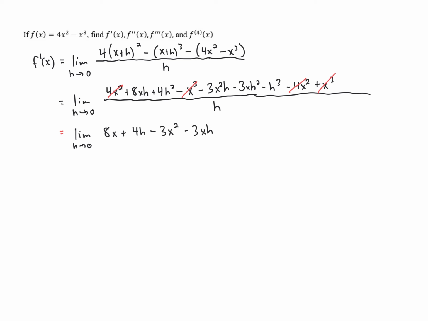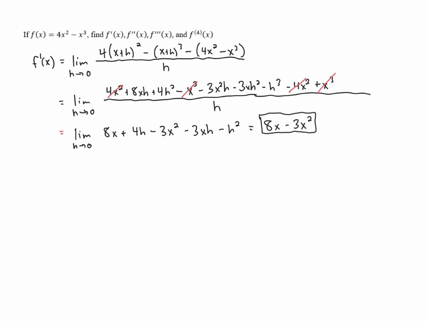And then h cubed divided by h is h squared. Now we're looking at the limit as h approaches 0, so all of the terms that have h in them are going to become 0. And this is going to leave us with 8x minus 3x squared. So this is the first derivative of f of x.